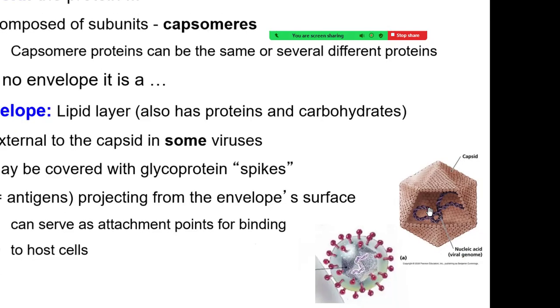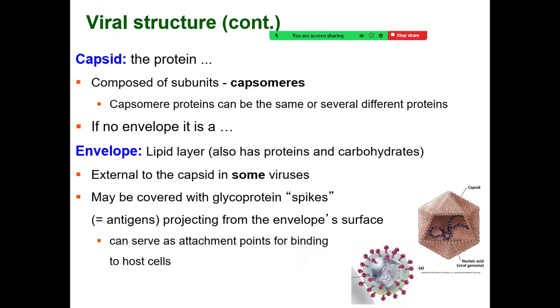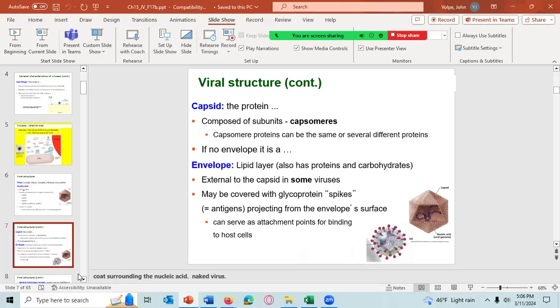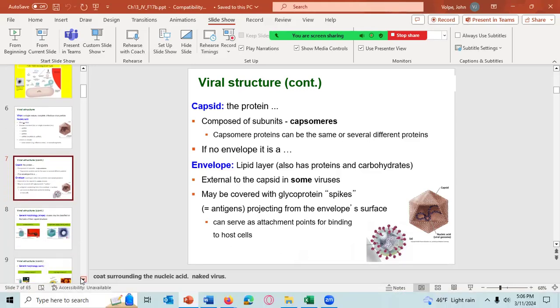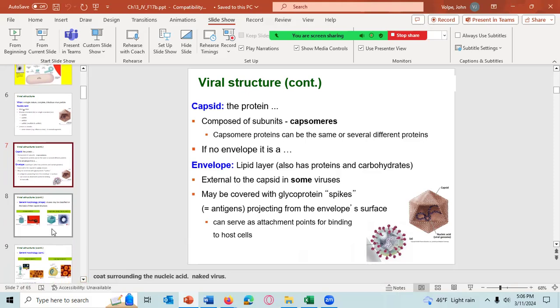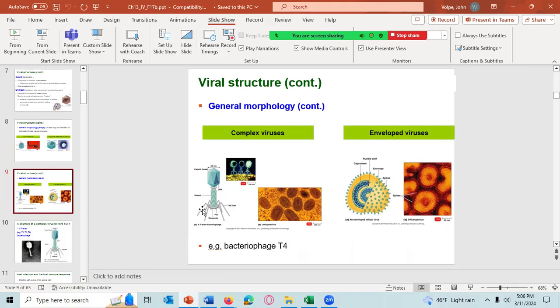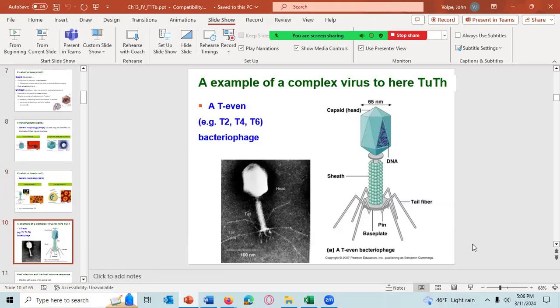Some viruses are that way. Other viruses, like this one here, will be composed of at least a couple of different proteins in the capsomere. This virus here has several proteins.